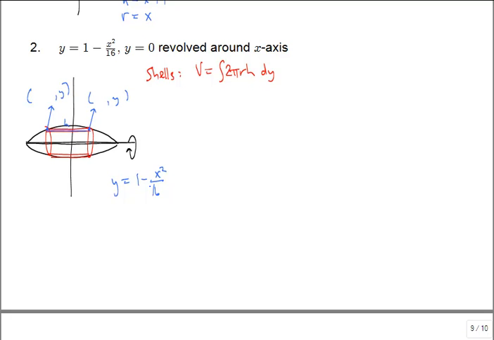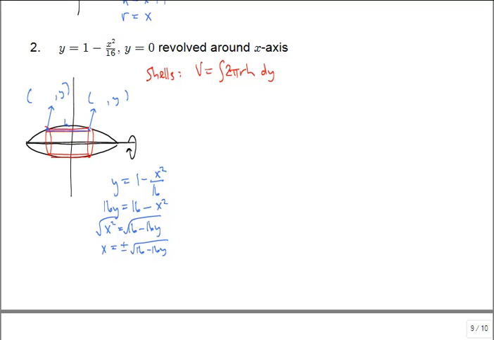We could multiply through by 16, so this would become 16y equals 16 minus x squared. Let's add the x squared over to the left side and subtract the 16y over, and then take the square root of both sides.